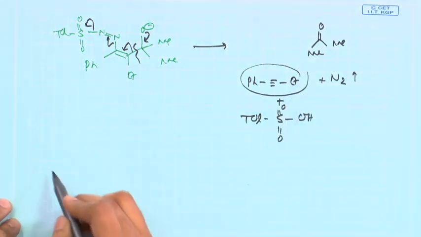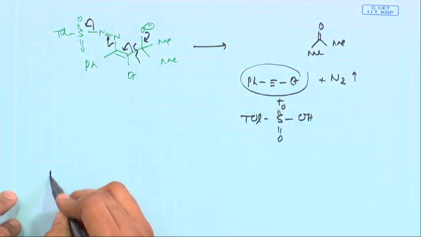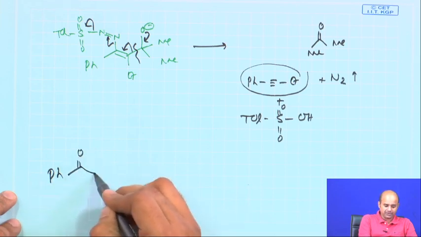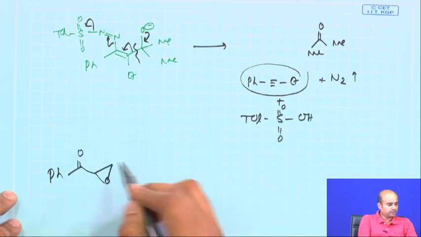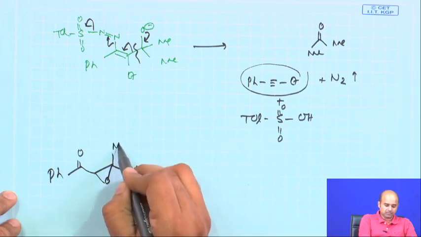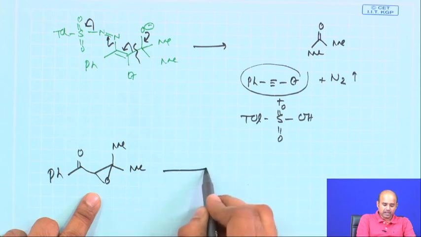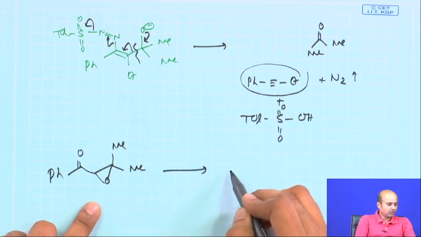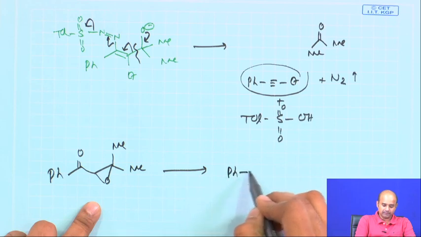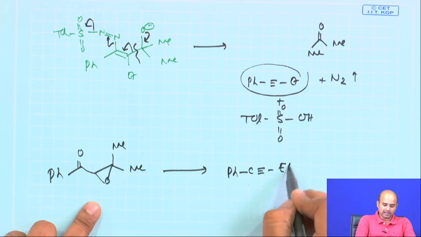Now, if you go back to the initial starting material, what we have initially drawn to explain the reaction mechanism, the starting material is this. After the fragmentation, what does it give? It basically gives an alkyne and an acetone.